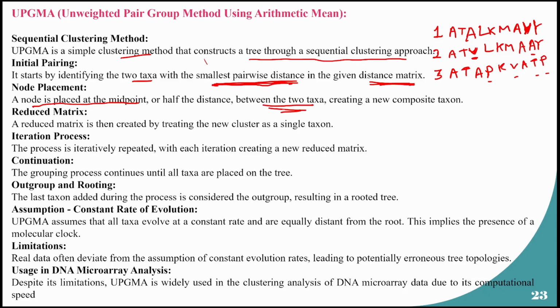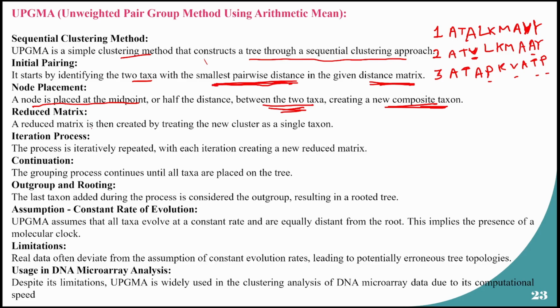Okay, so that now creates a new composite taxon. What is a composite taxon? It's basically that for the subsequent steps, you consider these two sequences which have the smallest distance as an entire unit together, right? So if sequence A and sequence C had the smallest distance as compared to all the other combinations, you position a node at the midpoint of sequence A and C, and for the next steps you consider A and C as a single unit, and then again we recalculate the distances for the other ones.